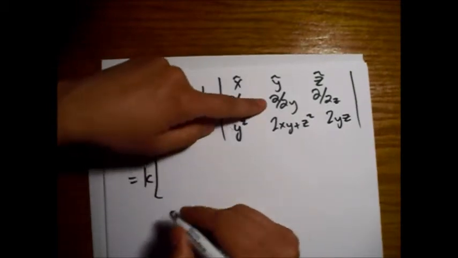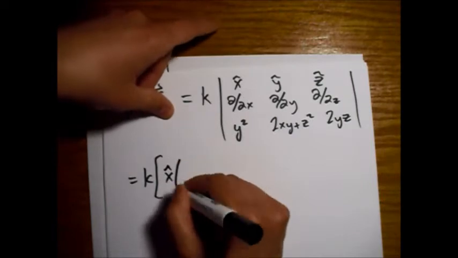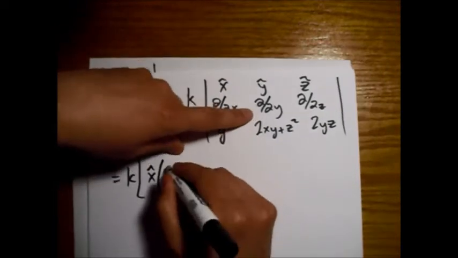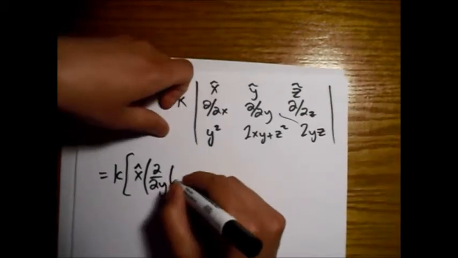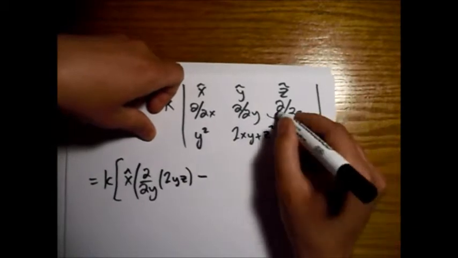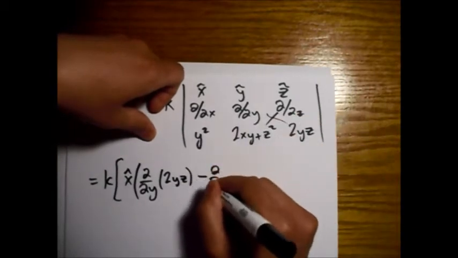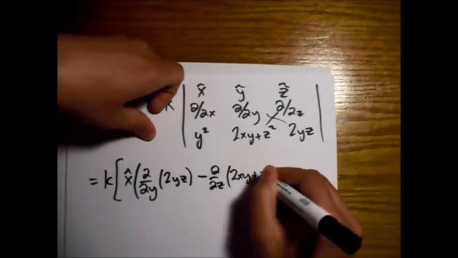Alright, so now in the x hat direction, we get d by dy of 2yz minus d by dz of 2xy plus z squared.